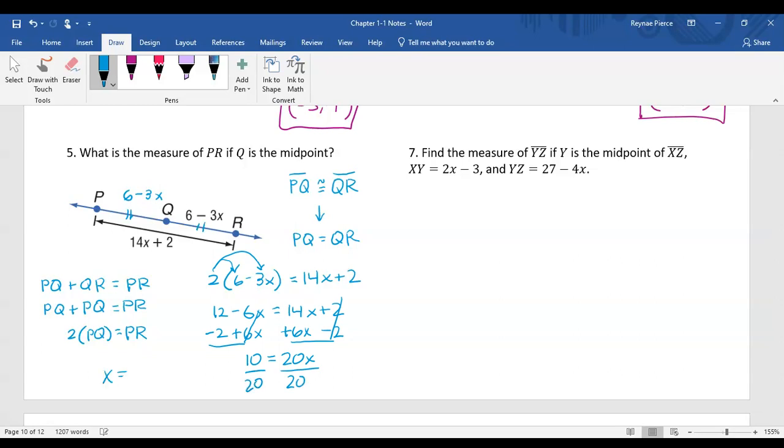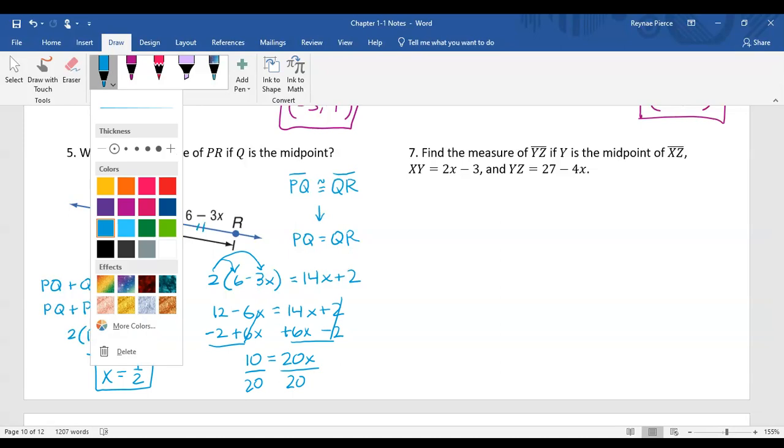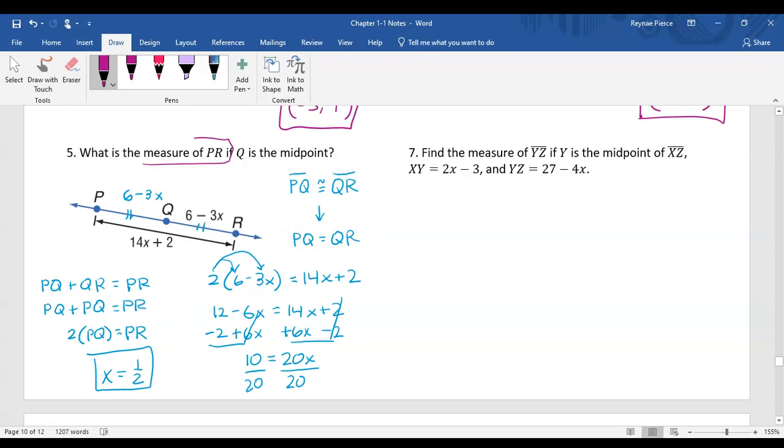So my x value here is 1/2. But we're actually asked for the measure of PR. So all I'm going to do now is put this x value into the expression that represents PR. 14 times 1/2 is 7, plus another 2 is 9.